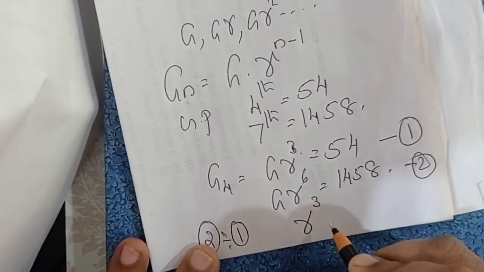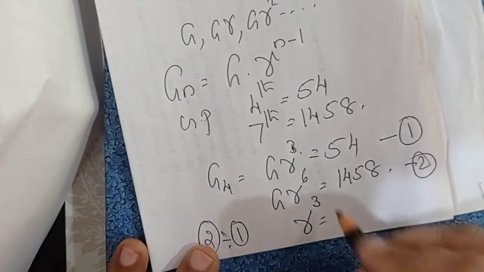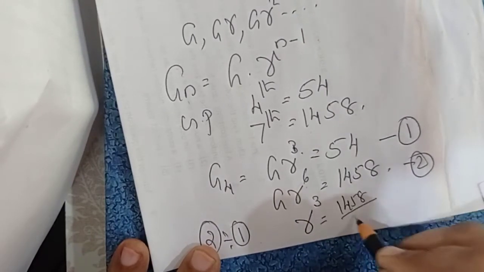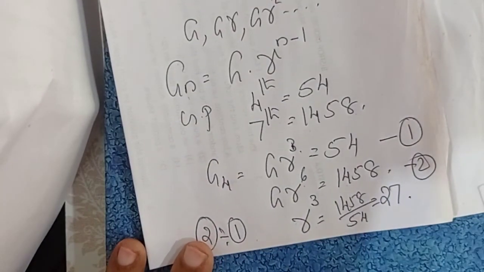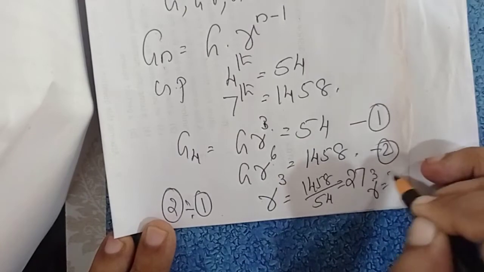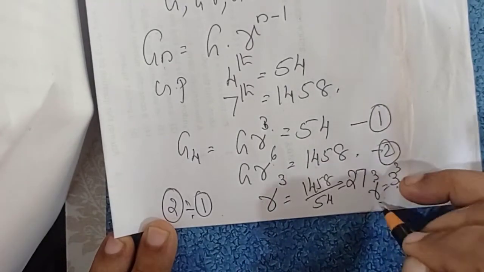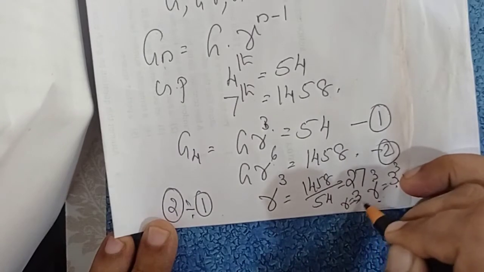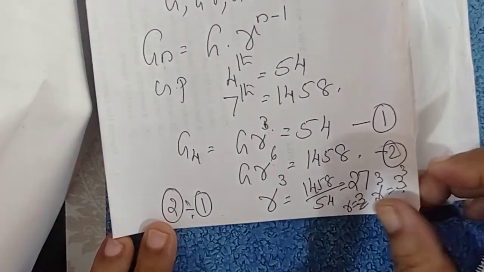Therefore, r cube is equal to, when you divide 1458 by 54, you will get 27. Check the answer. 27. Then how can you write 27? 27 means 3 cube. Therefore, equating the base, you will get r is equal to 3.